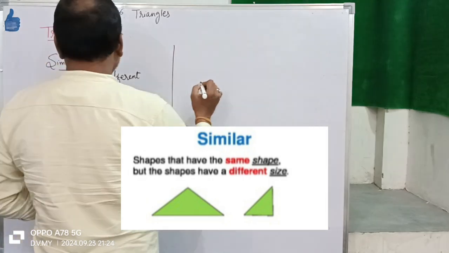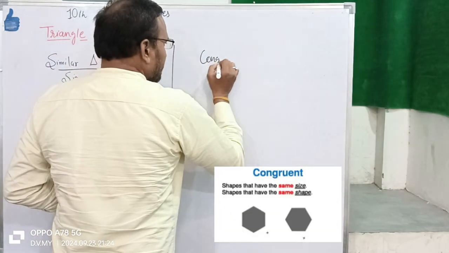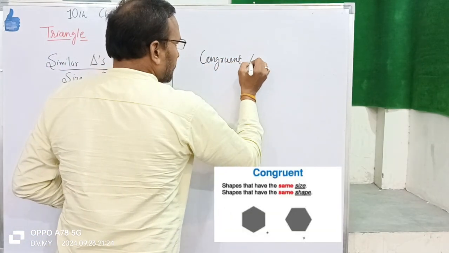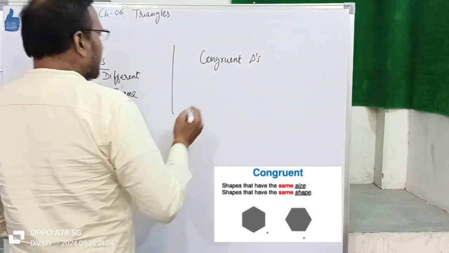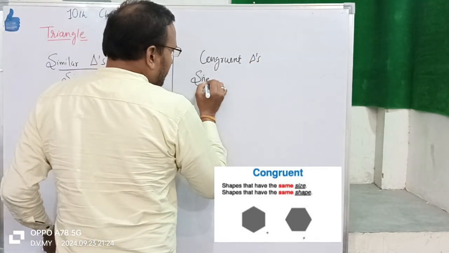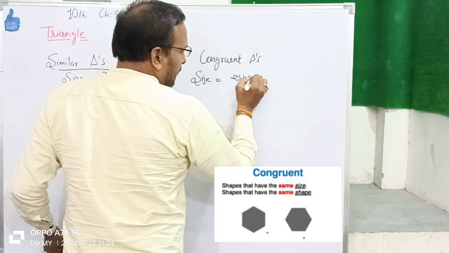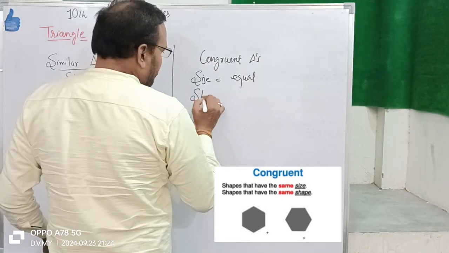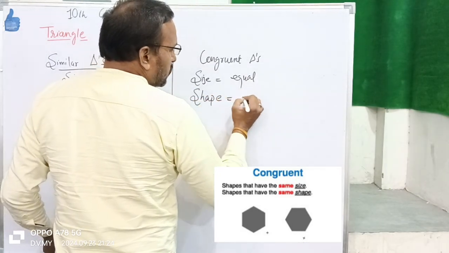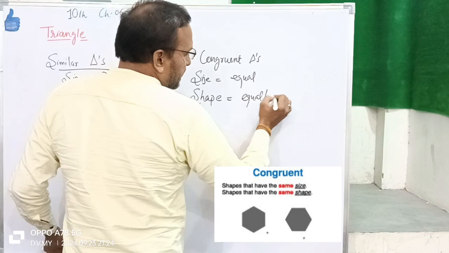On the other hand, congruent triangles means that here size is also equal and the shape is also equal, or we can say same.